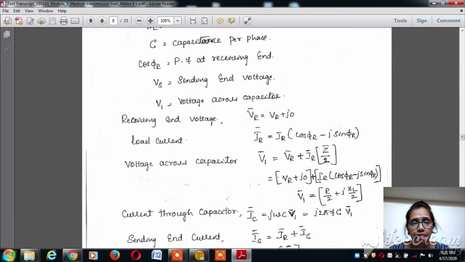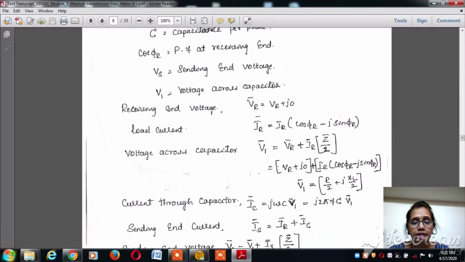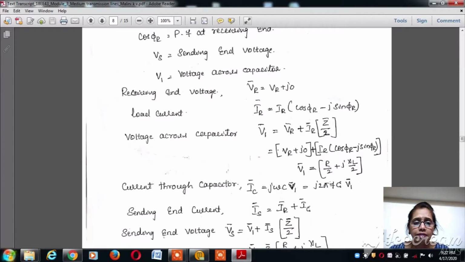From the diagram itself we can understand that the receiving end voltage, taken as the reference vector, is VR plus j0. Load current IR is equal to IR into cos phi R minus j sin phi R. This is similar to the end condenser method. For the voltage across the capacitor, here is the difference.